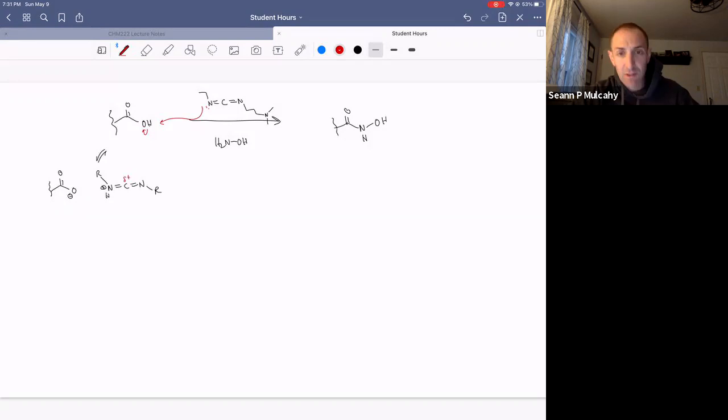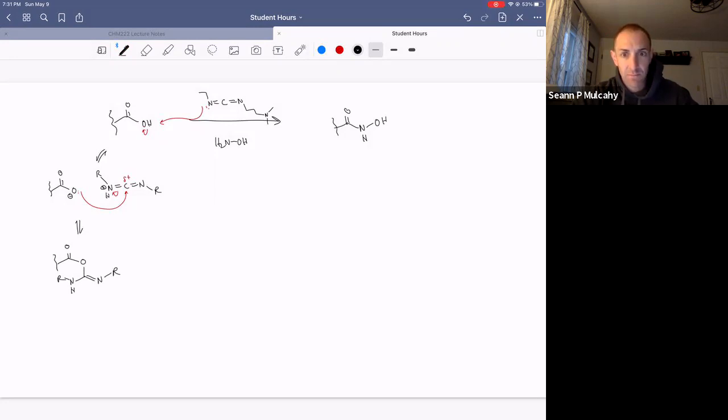It has a big delta plus charge. And so this oxygen lone pair on the carboxylate can go in and attack, and it moves electrons up onto the nitrogen to relieve that positive charge. So we've got a new oxygen carbon bond now. So we've got R group there, and this is now C and R.